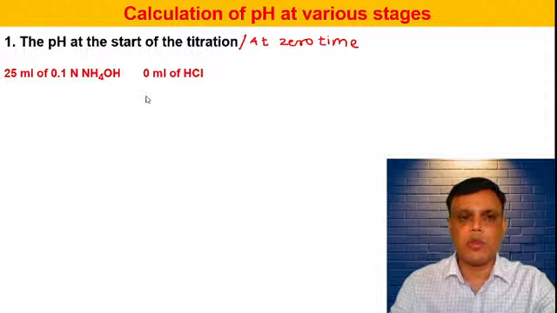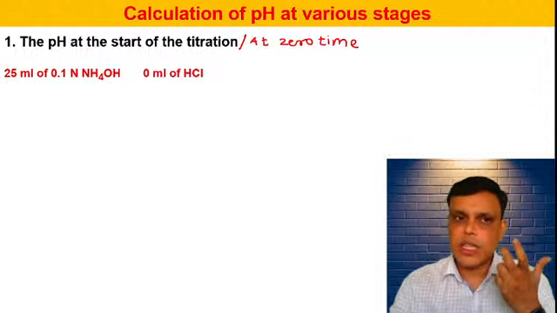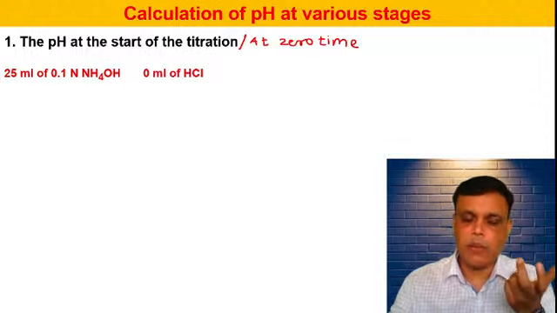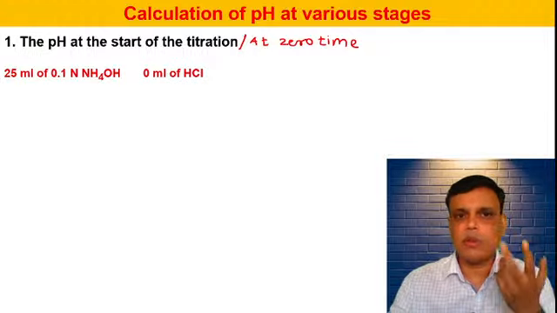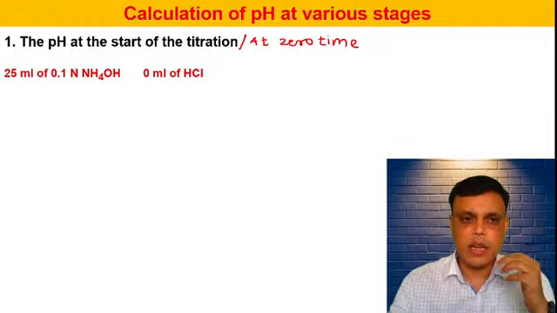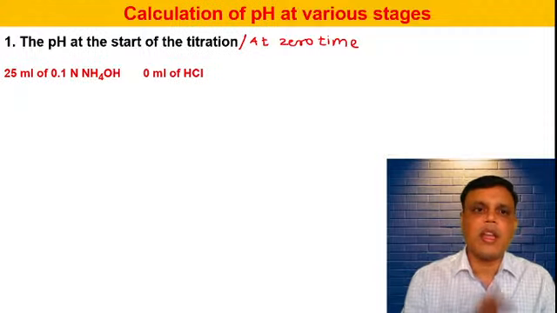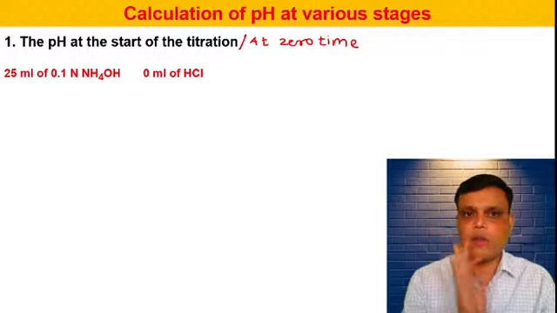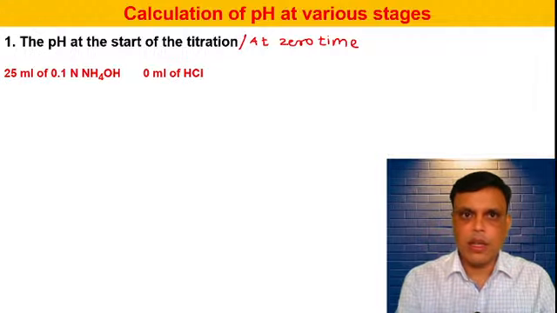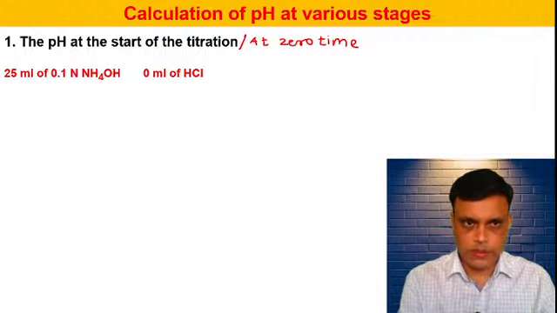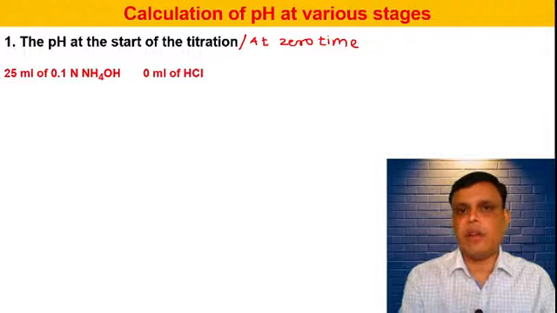That means your solution is basic, correct. Only ammonium hydroxide is there, that means your solution is basic, so your solution contains OH minus ions. So we will find out the concentration of OH minus ions present in the conical flask at the starting of your experiment.